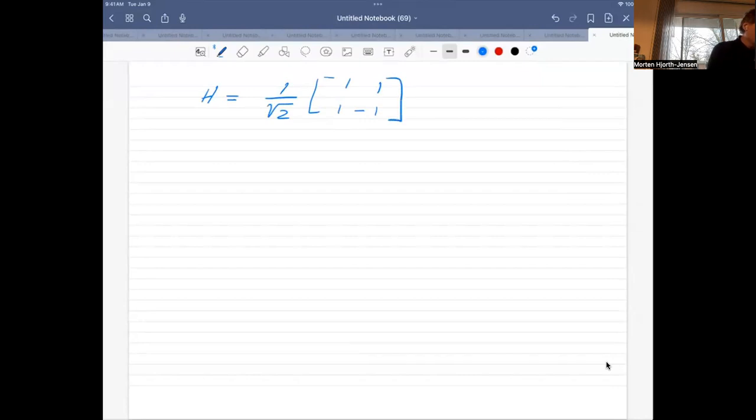So suppose now that you have a state psi, which is a superposition of qubit 0 multiplied with a coefficient alpha 0, and then qubit 1 with alpha 1. This is a 1 qubit operation which we're going to perform.